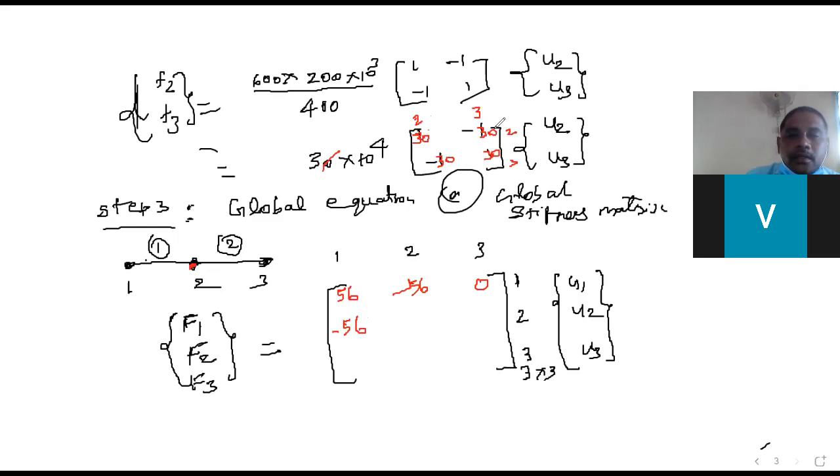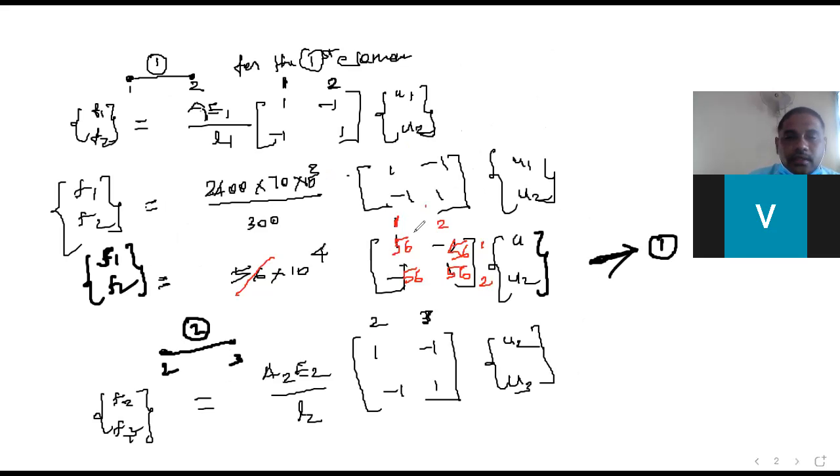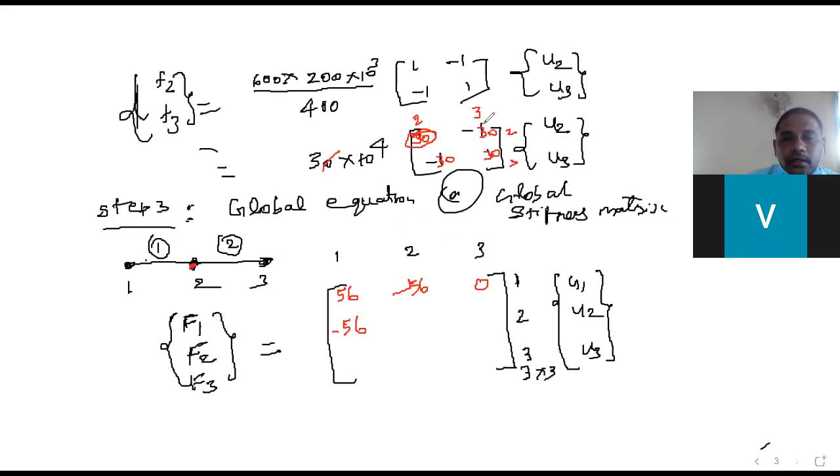So in 2, 2 we'll be having 56 from the first element and another 30 from the second element. So totally we'll be having 56 plus 30, which put together gives 86.